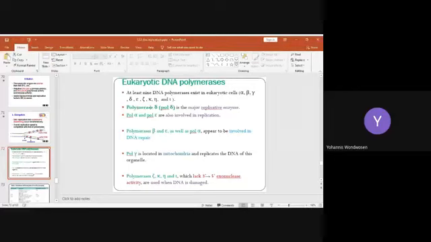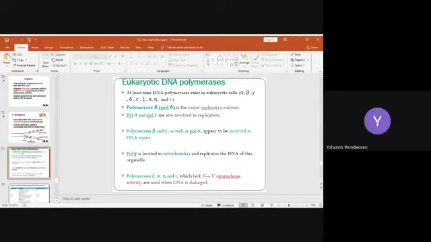Polymerase sigma is the major replicative enzyme. Polymerase alpha and polymerase epsilon are involved in the replication, even if they are not the major replicating subunits. Polymerase beta and epsilon, as well as polymerase alpha, appear to be involved in the DNA repair process. That means DNA polymerase 1 has much more active subunit activities.